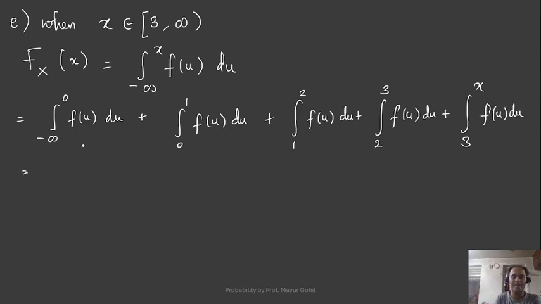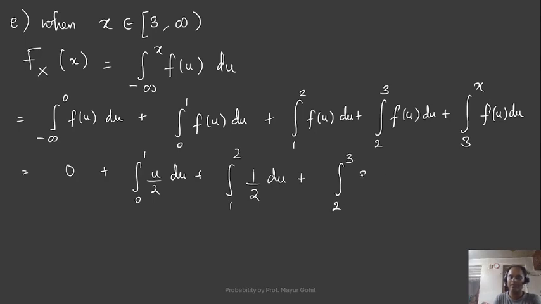Now if you see the value of the function in the interval minus infinity to 0, it's 0. It is 0 to 1 u by 2 du. Here it is 1 to 2 half du, and here it is 2 to 3, 3 minus u by 2 du.